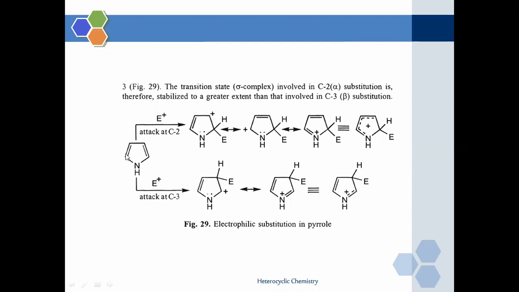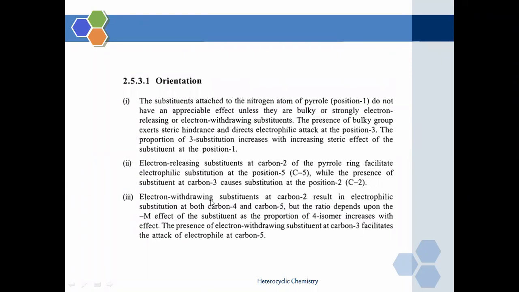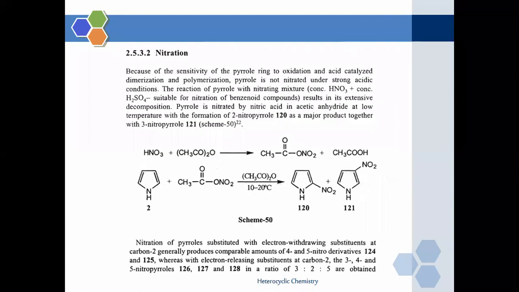But the ratio of the substitutions at both positions depends upon the negative mesomeric effect of the substituent; the 4 isomer is formed more as compared to the 5th isomer. So this is the orientation pattern of the pyrrole ring towards electrophilic substitution reactions.